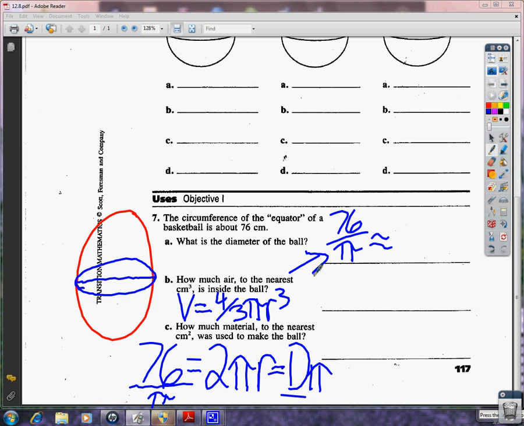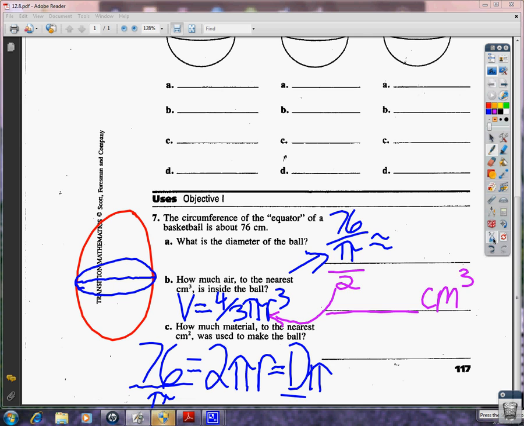You need to find the radius, which means you need to take this number and divide it by 2. Then you plug it in. I'm going to let you do that. And you better come out with a volume unit. So after you plug it in, find that, okay?